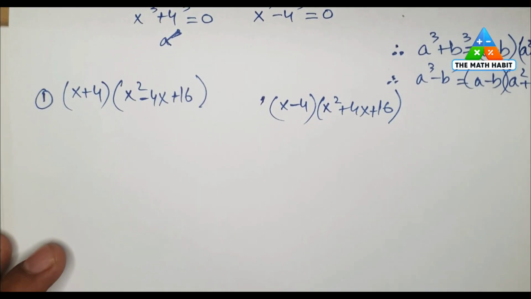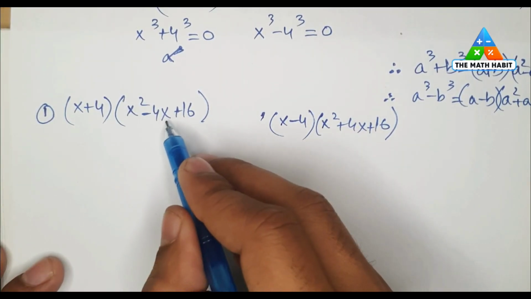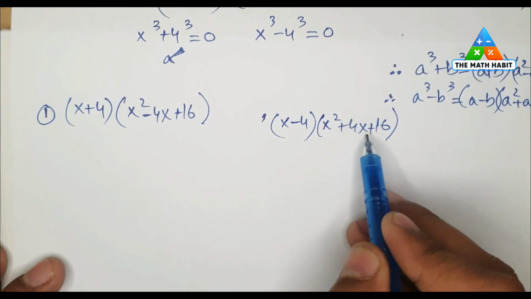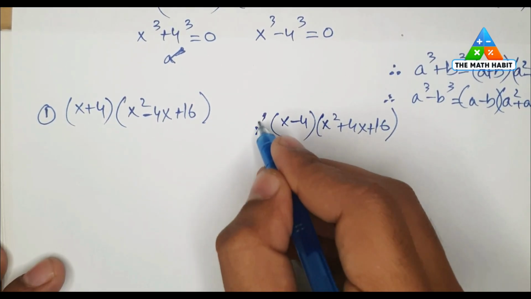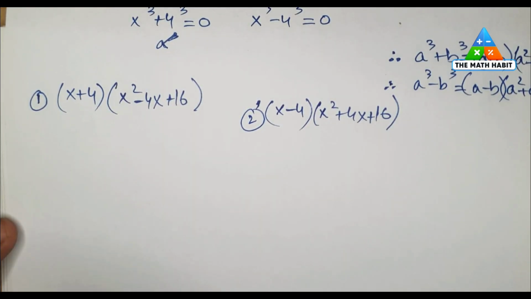So we have found two cases. Number one, x plus 4 into x square minus 4x plus 16, and on the other hand, x minus 4 into x square plus 4x plus 16. So we'll solve them separately.